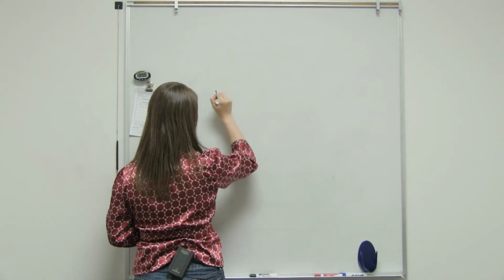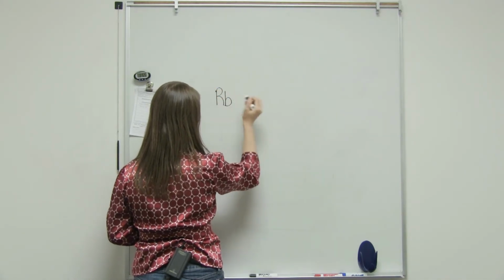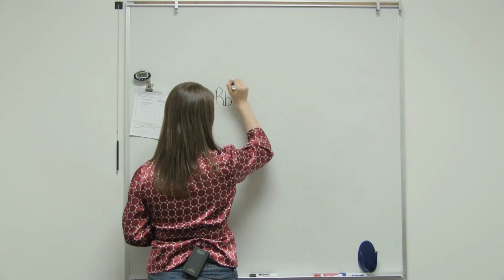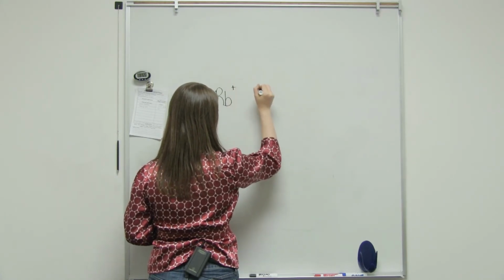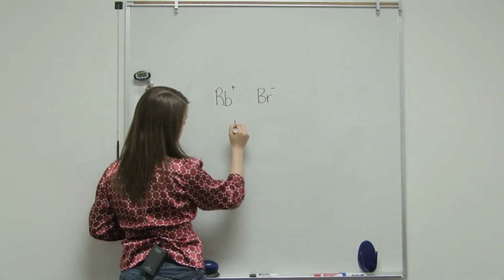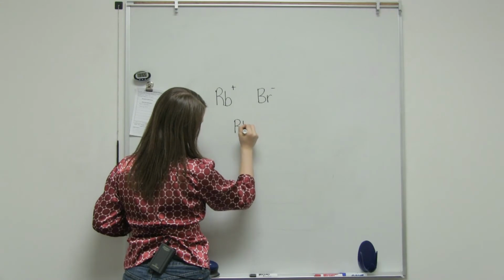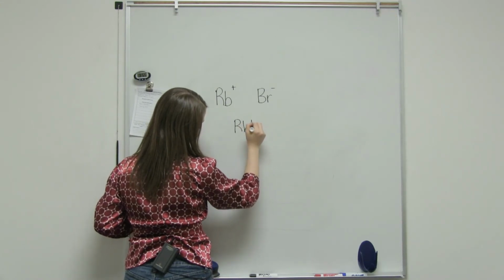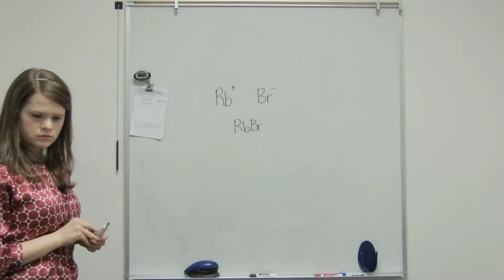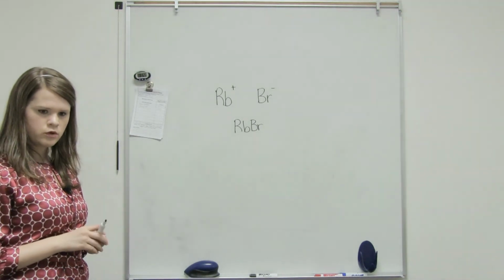Rubidium, yeah. That would come first. So then rubidium is positive, and bromine is negative, so they're happy just by themselves. So then it was rubidium bromide. Yeah, and we know rubidium's charge.